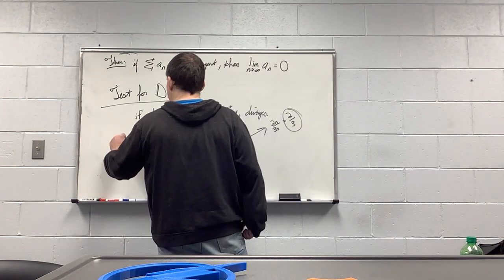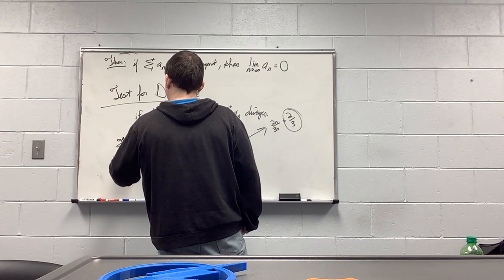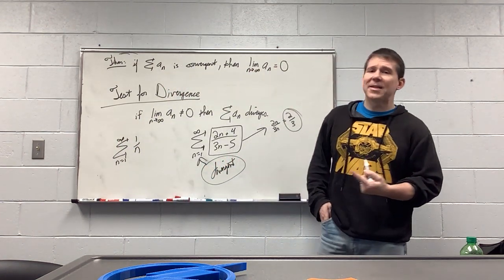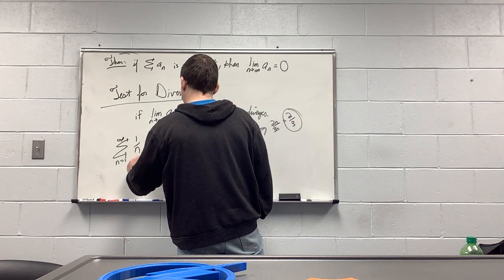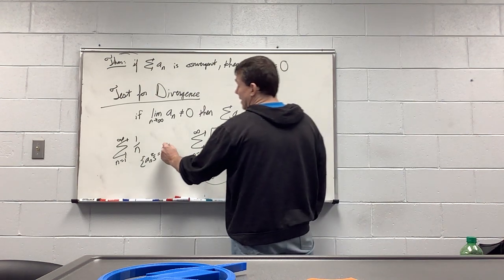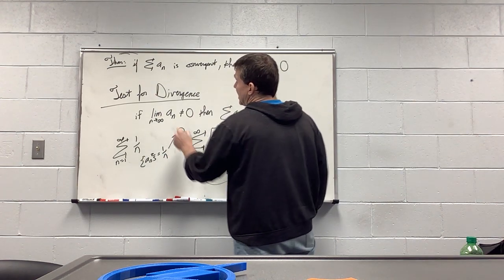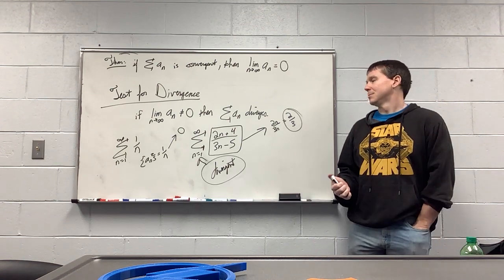But suppose we have the harmonic series. If I look at the sequence a sub n equal to 1 over n, the limit of this is 0. So what's the conclusion? I don't know.